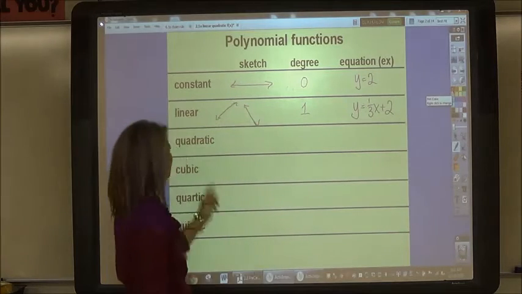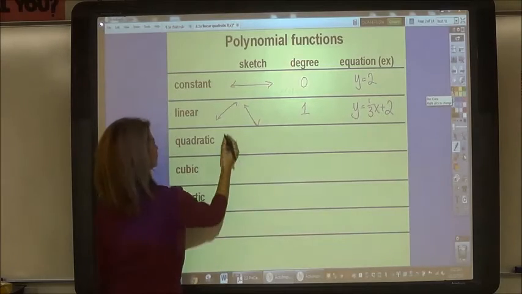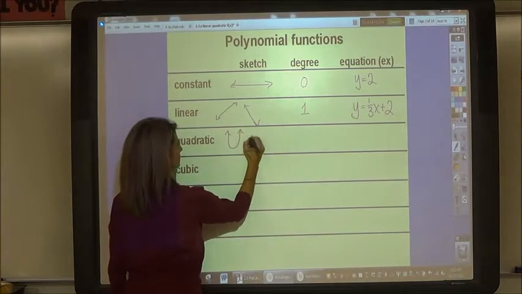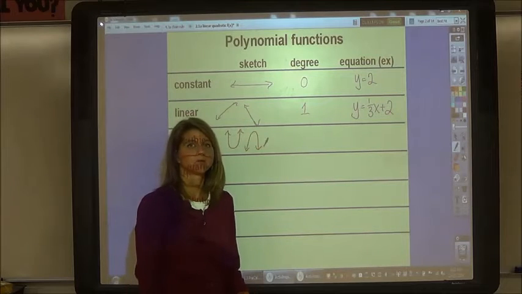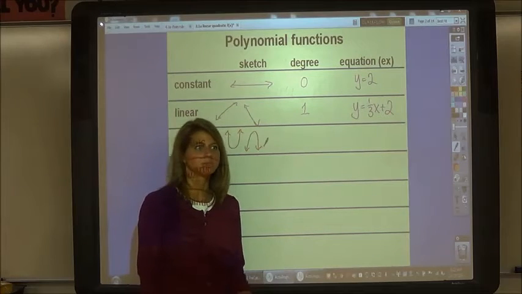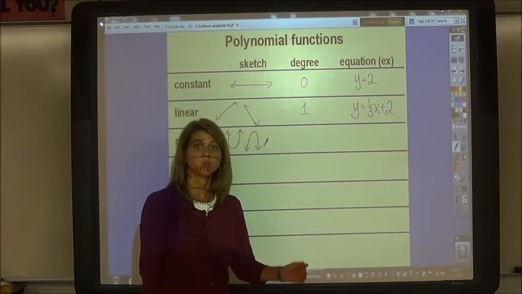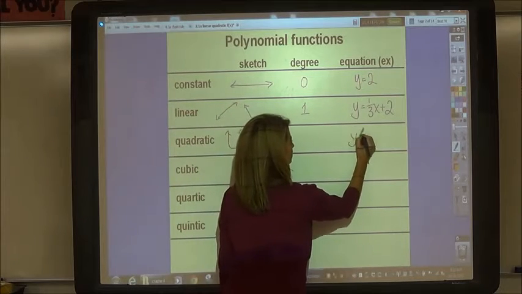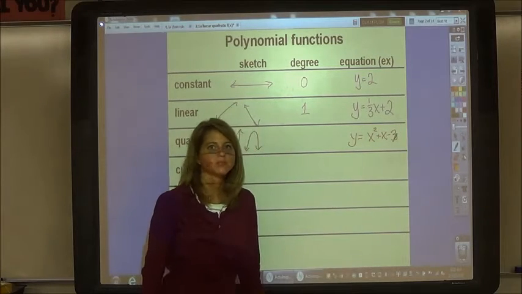Okay. Next are quadratics. Those are parabolas. And you know that it always has an x squared in there. Maybe it's x squared plus 6. Maybe it's a little more complicated, like 5x squared plus 2x plus 1. Just examples.